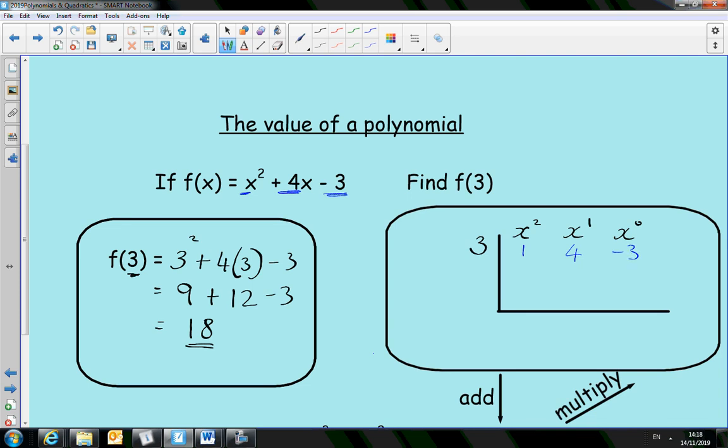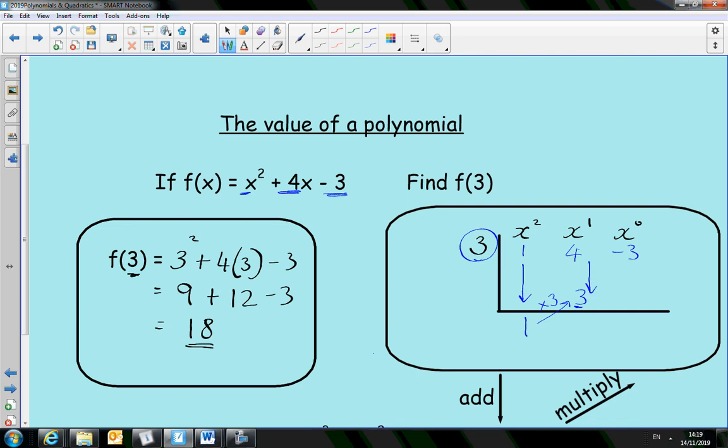So, what we're going to do is when we're coming down the way, we're adding our terms. So we're looking at 1, and just underneath the arrow, there's nothing there. So 1 plus 0 is just 1. To get this value in here, we're going to multiply by this value that we have here. So that's going to be 1 times 3 gives us 3. And then coming down the way, we add.